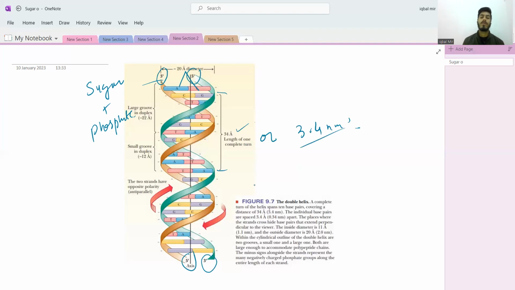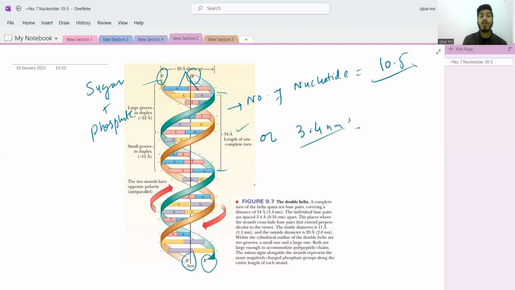So 1 angstrom is equal to 0.1 nanometer. Remember. The number of nucleotides in one complete turn is 10.5.